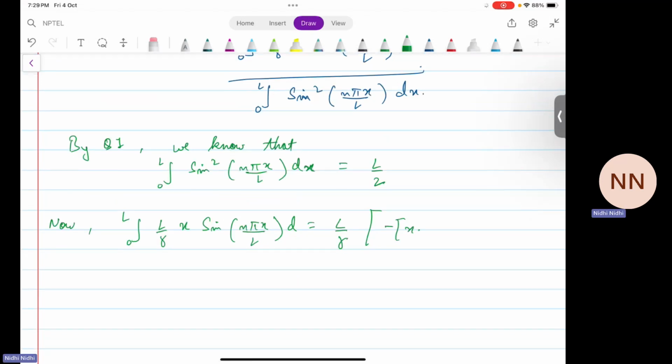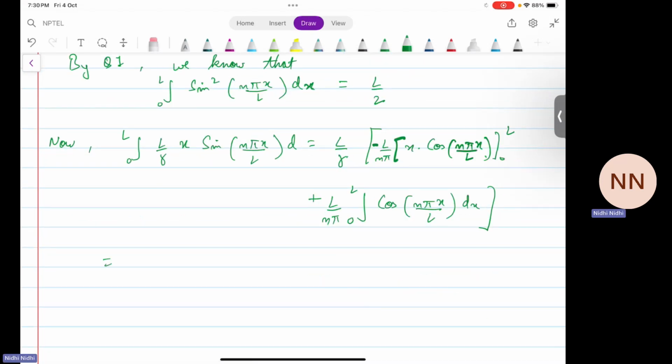Integration of sine is minus cos, so this is minus cos(n pi x by L) times L by n pi, limit from 0 to L, minus the integral from 0 to L, derivative of x is 1 and integration of sine is minus cos(n pi x by L) by n pi, dx.